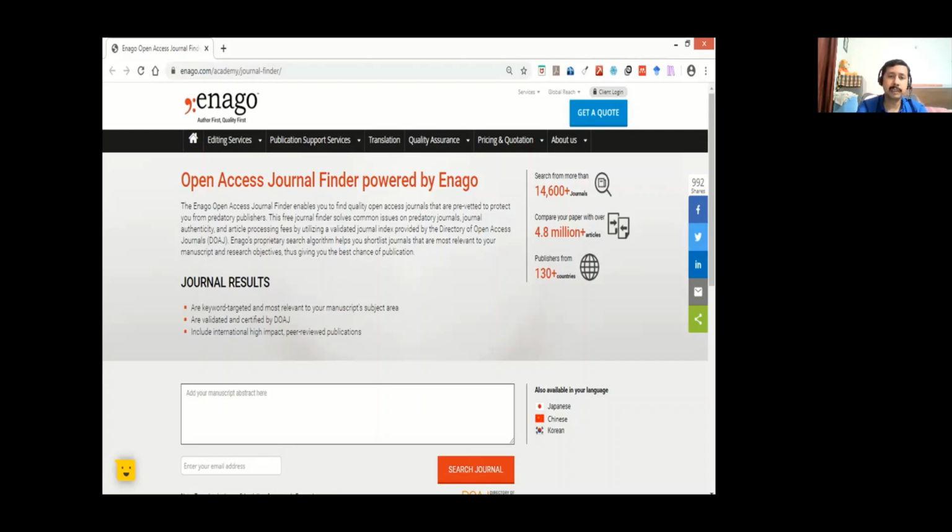So instead of going blind on the selection of journal, or instead of arbitrarily submitting an article to a journal without having any idea as to whether my article meets the subject scope of the journal or not, it's always better to use journal finder services to find the best suited journals for your article.